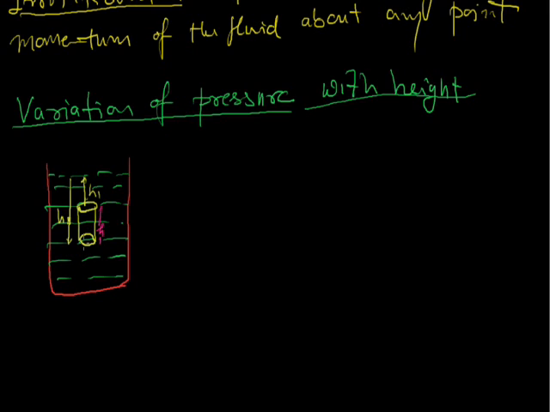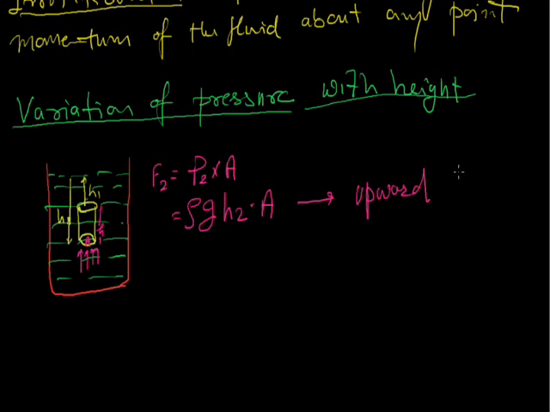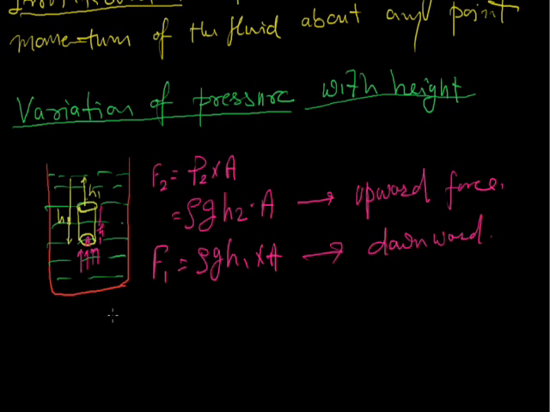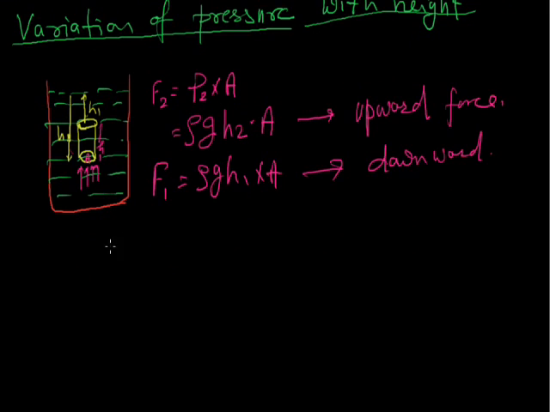The area of cross section of this cylinder is A. The upward force F2 will be P2 into A, and the pressure is density of liquid rho g h2, into A. The downward force F1 will be rho g h1 into A. It is downward at the top of the cylinder and F2 is upward, because h2 is greater than h1, so F2 is greater than F1.